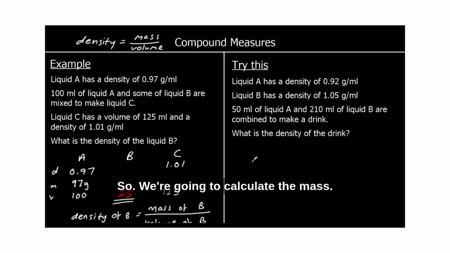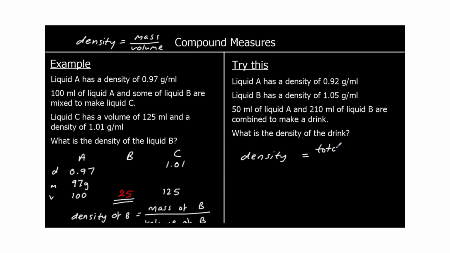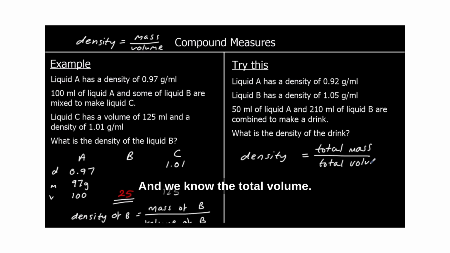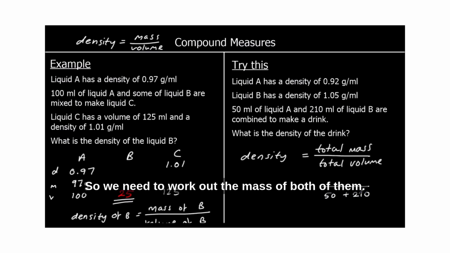So we're going to calculate the mass of both of them. So for the combined drink density, we're going to have total mass over total volume. And we know the total volume, well, it's going to be 50 plus 210. So we need to work out the mass of both of them.